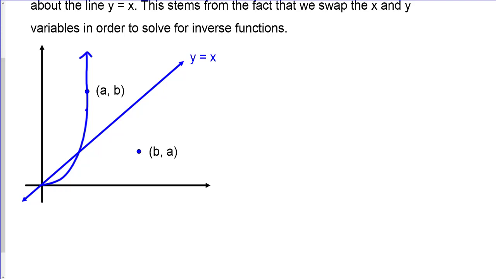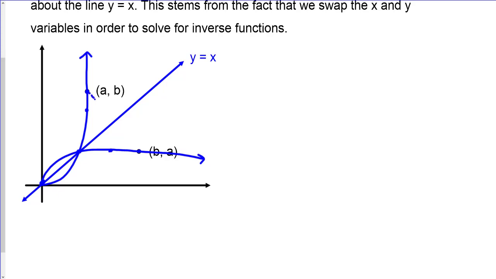Every single point gets relocated to an equivalent point on the other side of the line. Any point that crosses the line is shared. So essentially, this graph down here ends up looking symmetric to the original graph, but it goes in a different direction because it's flipped about the line y equals x.